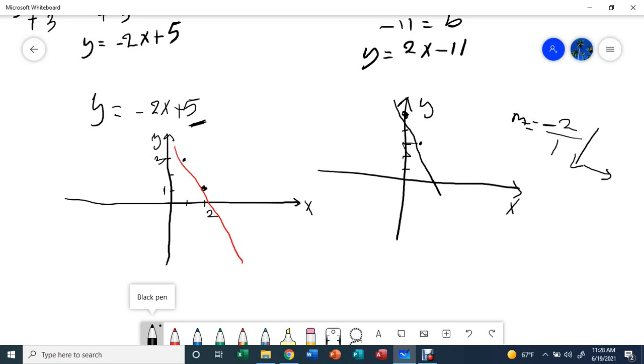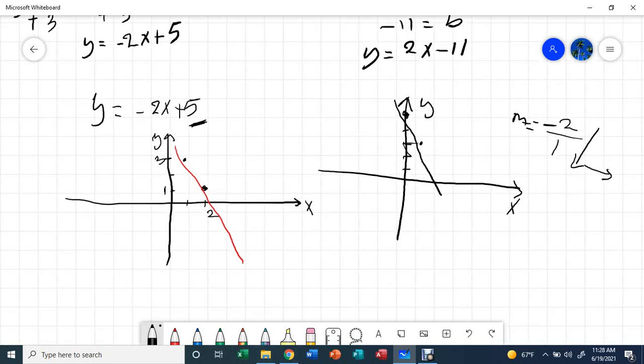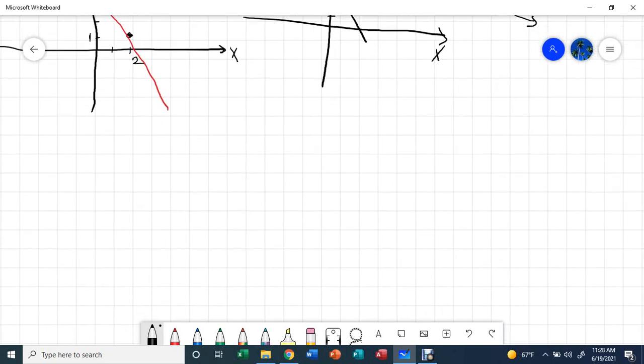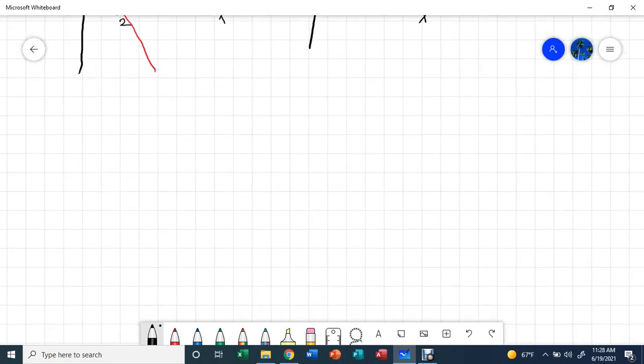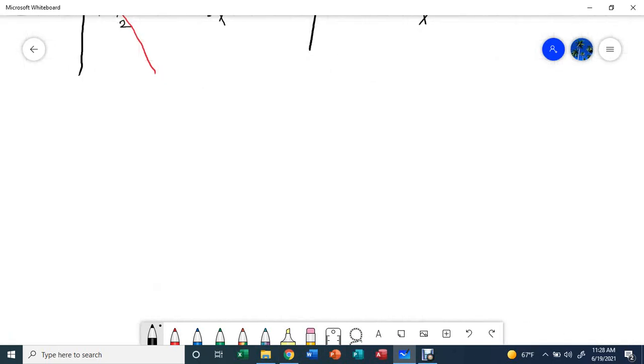Now let's move on to parallel lines. Two lines are parallel if they have the same slope. So for example, y equals 2x plus 3 and y equals 2x minus 1.